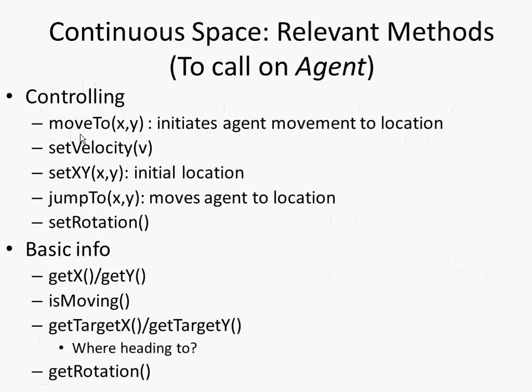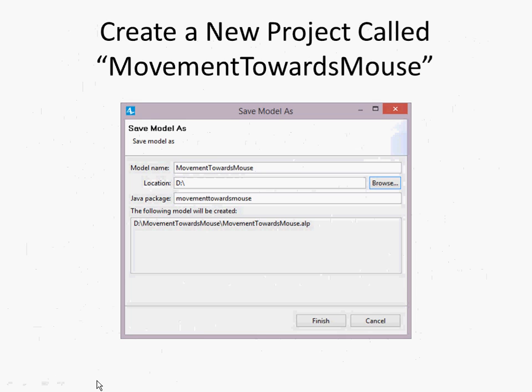And there's a set of ways in which we move people. One of the most basic is by calling moveTo on someone. You can set their velocity, you can set their X and Y location, you can jump them to a certain location. You can also get their X and Y location, ask them if they're moving, ask them where they're moving, and set their rotation.